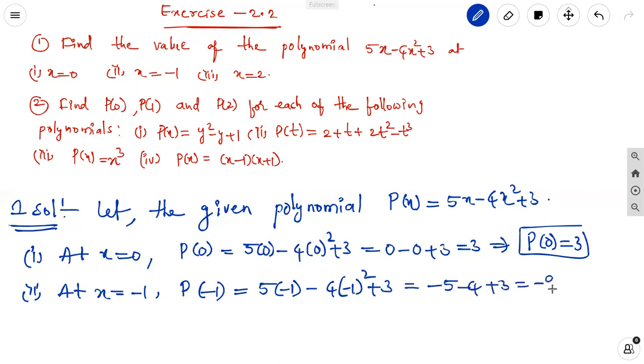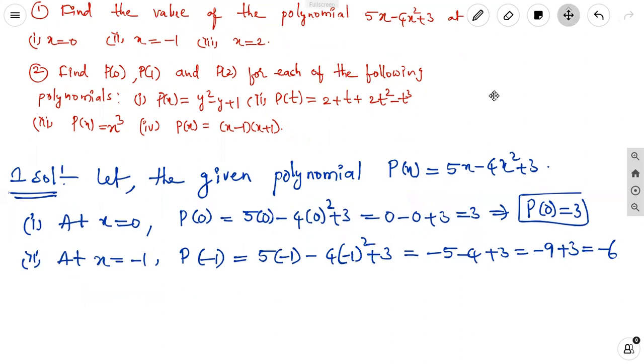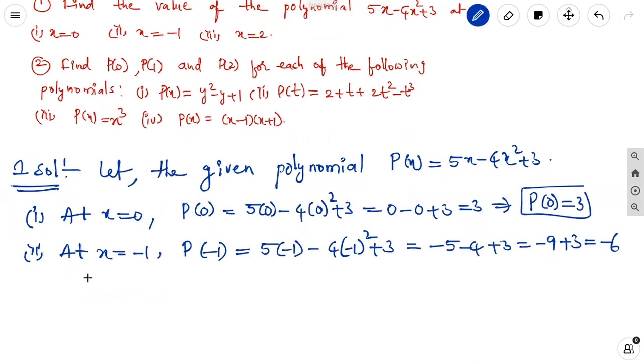That is equal to minus 9 plus 3, equal to minus 6. Therefore, at x equal to minus 1, the polynomial value is p of minus 1 equal to minus 6.